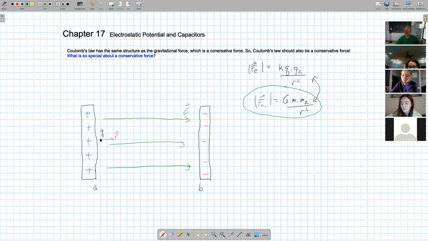Since it has identically the same structure as Coulomb's force, and all I'm doing is changing variables, what that should imply to us is that Coulomb's force is also a conservative force. So it wants us to note that Coulomb's force is also conservative.